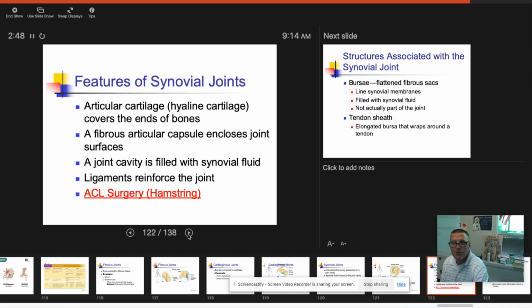So what are some features of that? Well, we have articular cartilage, and what we mean by that is the articular surface is the part where it comes together. What do we call that articular surface, for example, of our knee? Elena, you want to give that a try? What do you call that, the cartilage that's on the articular surface of your knee that can sometimes get torn?